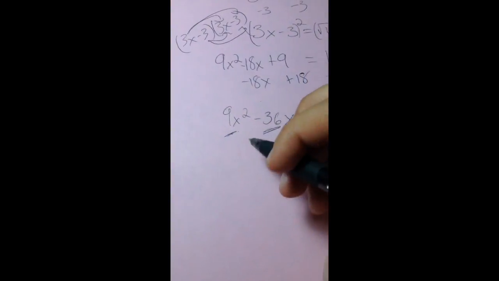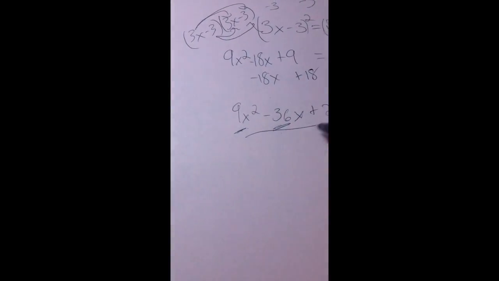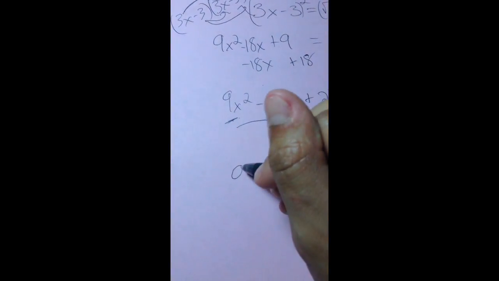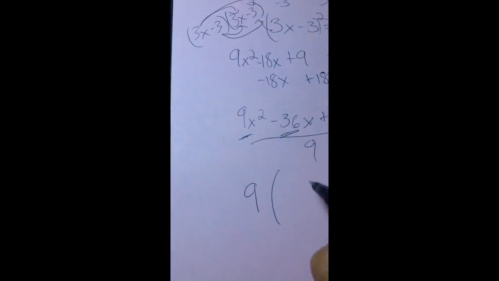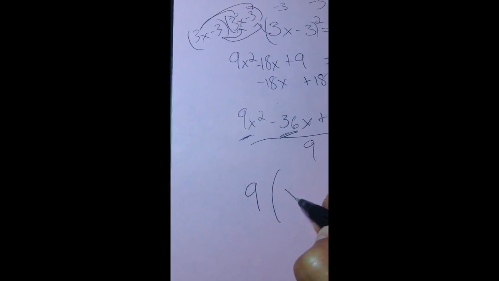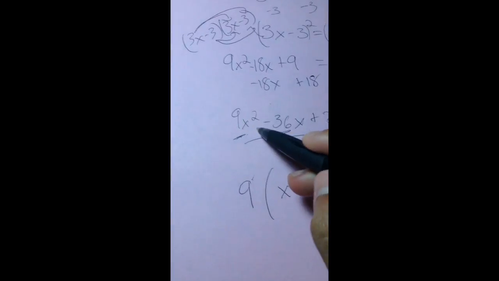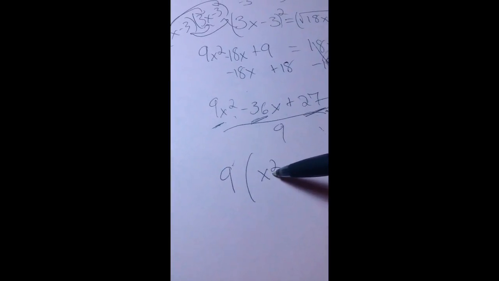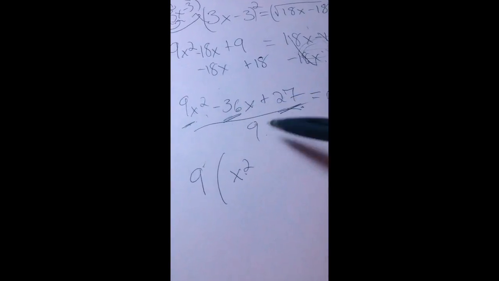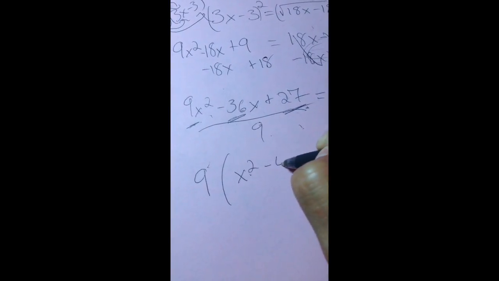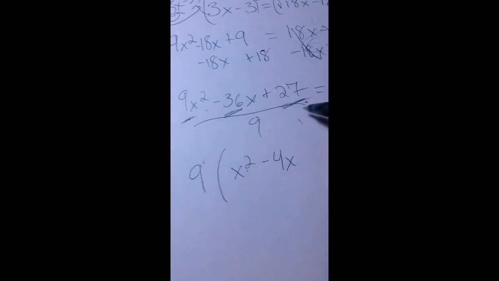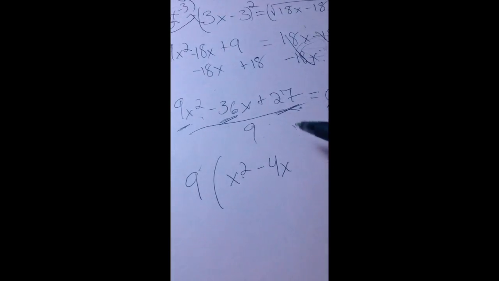So we take out a 9 from each part, sort of like dividing by 9. You put 9 outside, and within the parentheses you keep the variables, because 9 divided by 9 equals 1, so you don't even need anything there because of the identity rule. Then negative 36 divided by 9 is negative 4 in front of the x. Then 27 divided by 9 is a positive 3. And you're still going to set this all to 0.